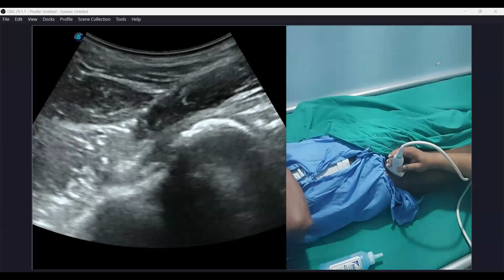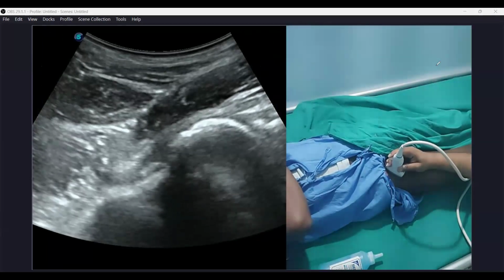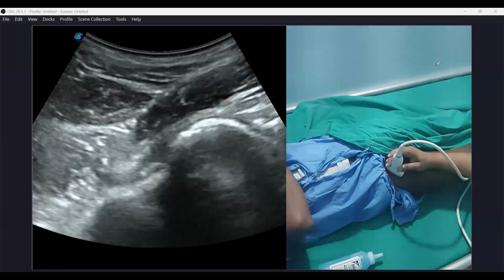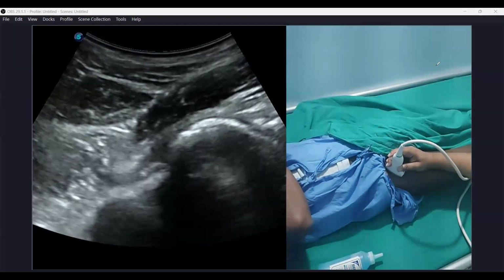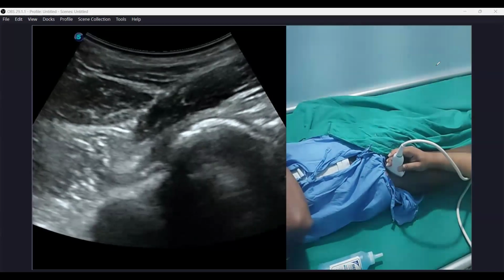Okay, fine. Now we can see the head and neck clearly. I am just reducing a little bit of gain.